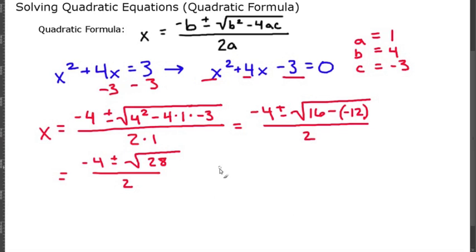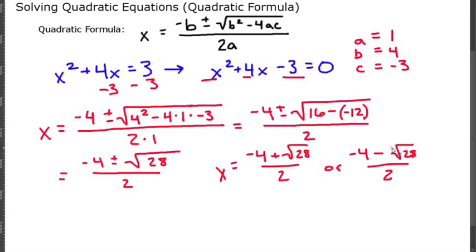So now we have that x equals either negative 4 plus the square root of 28 all over 2, or negative 4 minus the square root of 28 all over 2. The square root of 28 is approximately 5.3, or 5 3/10.